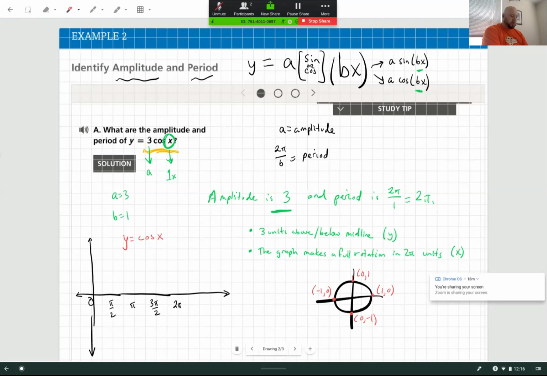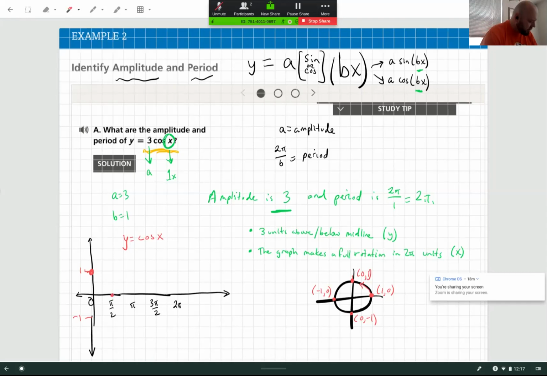Remember that cosine is the x value on the unit circle. So when I start at a 0-degree angle, on the x-axis right here, my x value is 1, which means that I'm going to start at the y value of 1. When I get to a pi over 2 angle up here, I have an x value now of 0.